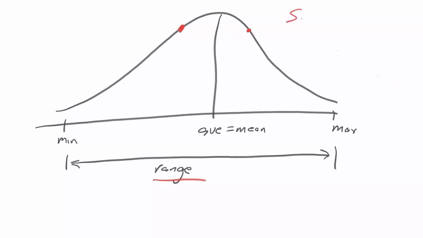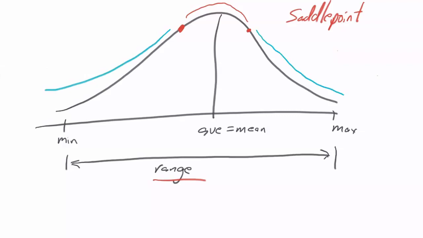We're going to call it a saddle point. And here's how you calculate saddle points. A saddle point is where the upside down bowl of your bell-shaped curve meets the sideways bowl of your bell-shaped curve. Where the upside down bowl intersects with the sideways bowl, that's where our saddle points are located.